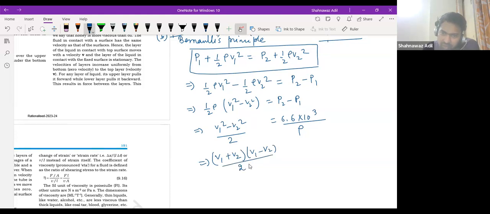Divided by 2, this is 6.6 into 10 to the power 3. So what would be this v1 plus v2 by 2? What is this thing, guys? v1 plus v2 by 2. What is this thing?